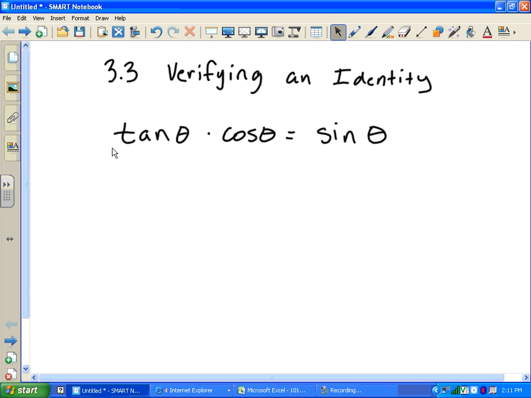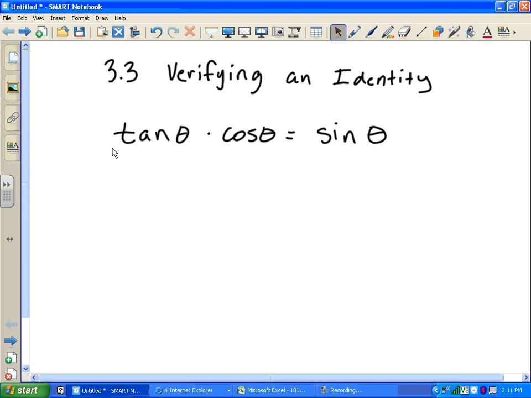Keep in mind the big picture of what we're trying to figure out: how is this true? If tangent of theta is multiplied by cosine of theta, how is it equal to the sine of theta? Verifying an identity is sort of like a proof, and you're showing the process of why it's true.